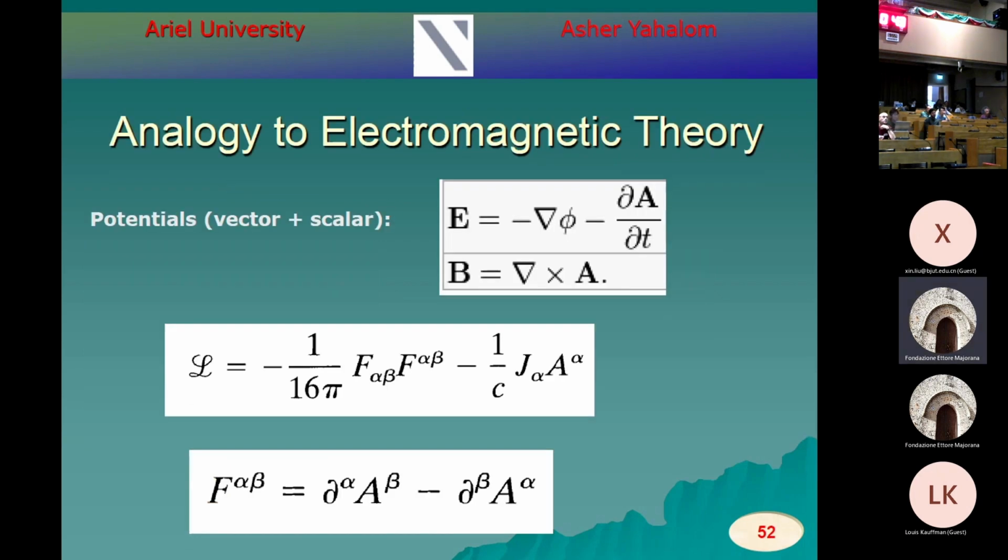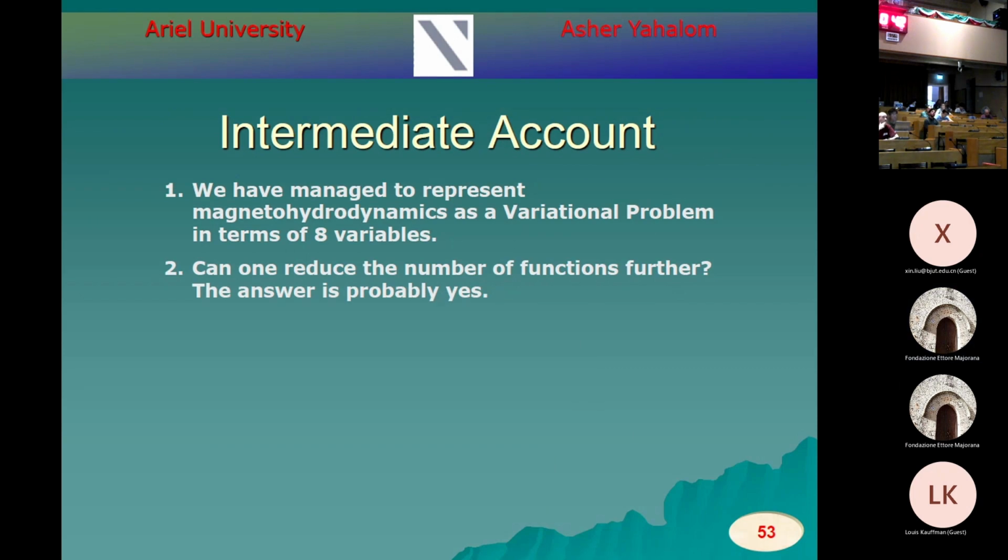Now, what I would like to point out is that this is not a surprise, right? If you look at just standard electromagnetic theory, and you want to write a variational principle for it, the Lagrangian density, you must do it in terms of potentials. And this is the same thing here. We have potentials, and that's the best way to do a variational principle, also in the non-barotropic magnetohydrodynamics case.